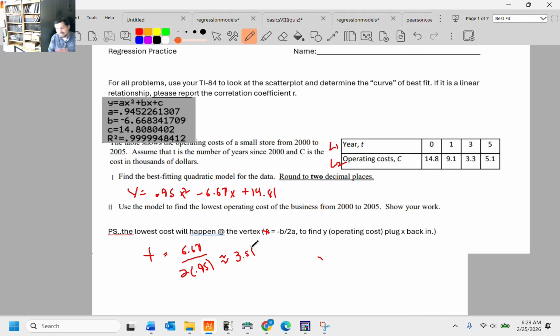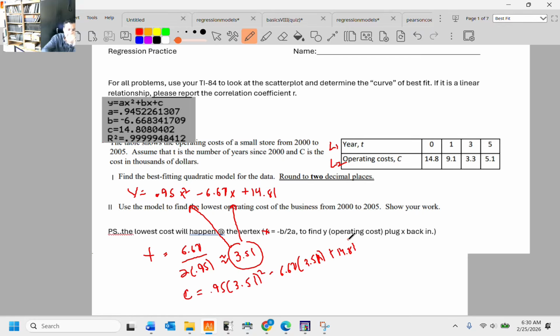Now that's the time, that's the year it happens. To actually figure out what the value is, I plug that back into my equation because it's the x value. So the cost y is 0.95 times 3.51 quantity squared minus 6.67 times 3.51 plus, that's a bad looking one, 14.81.